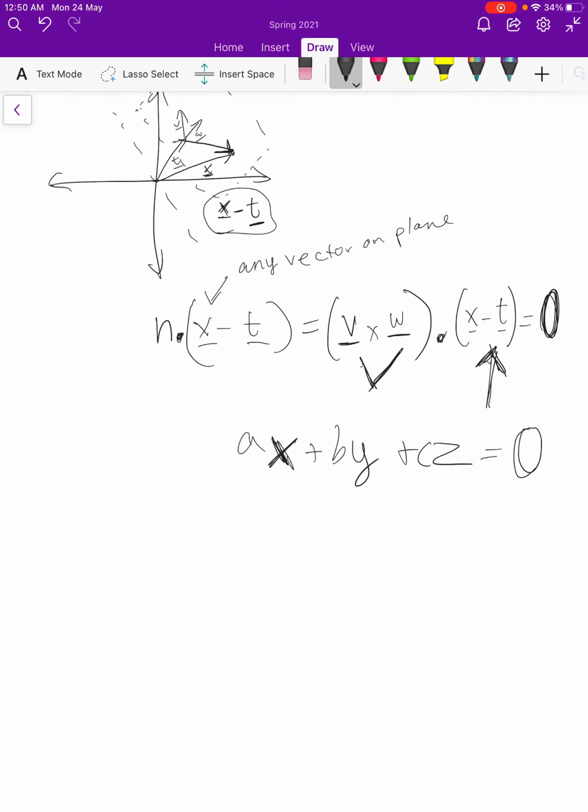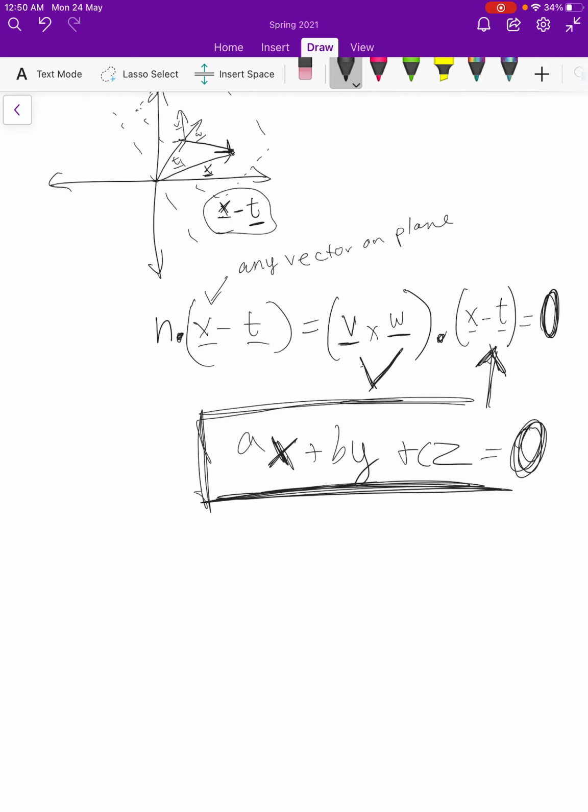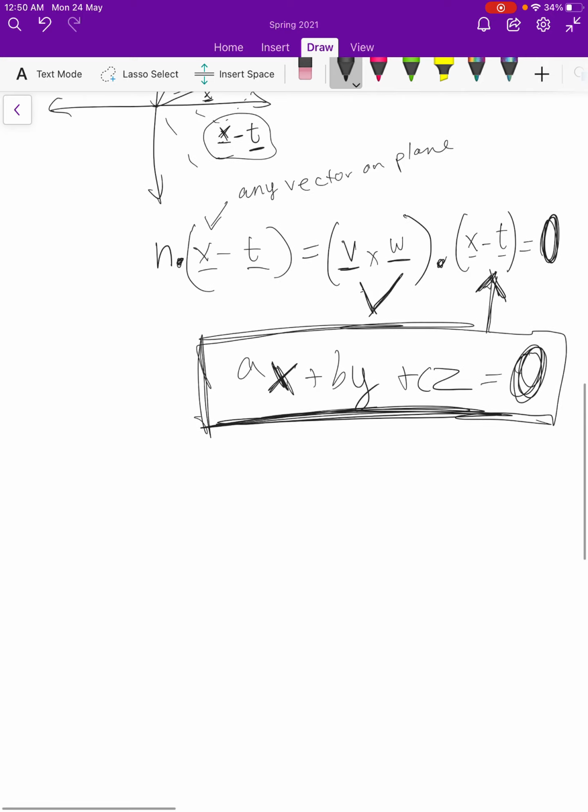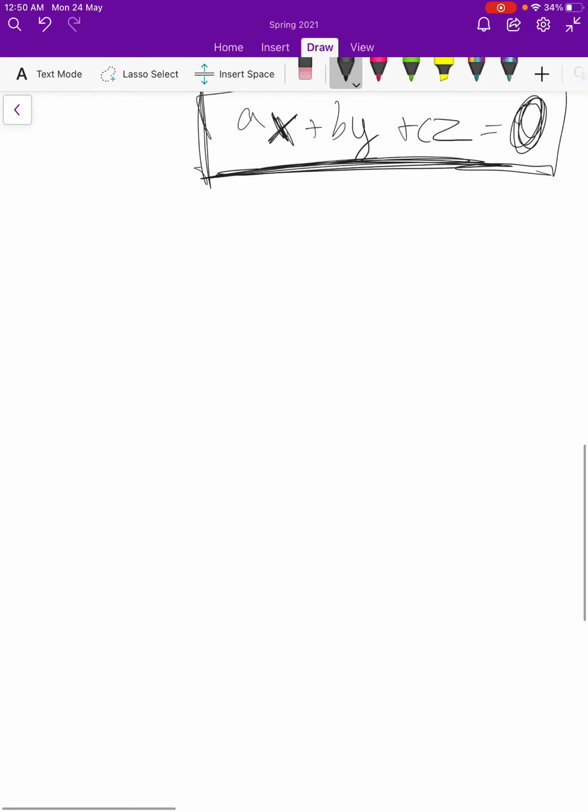This is going to be equal to 0. And this is actually a plane. Algebraically, this is actually a plane. You can try and graph them on a 3D calculator. It might be helpful.